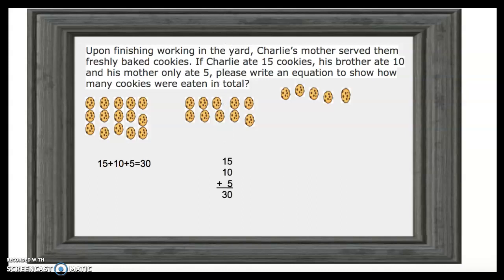I can also do it up and down. 5 plus 5 equals 10, and then I carry that one group of 10 up into the tens place, and I have 1, 2, 3. So 30, same problem. I can also do it this way, where I did 15 plus 10 equals 25, and then 25 plus 5 equals 30. Any of these ways to solve it are correct.